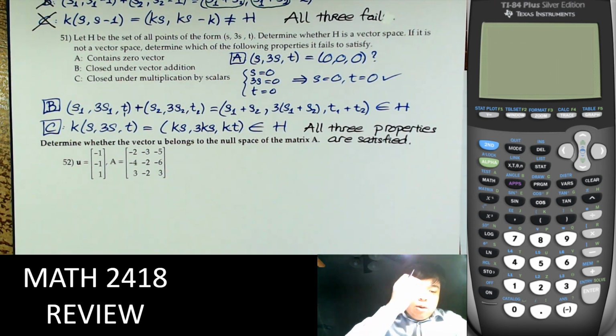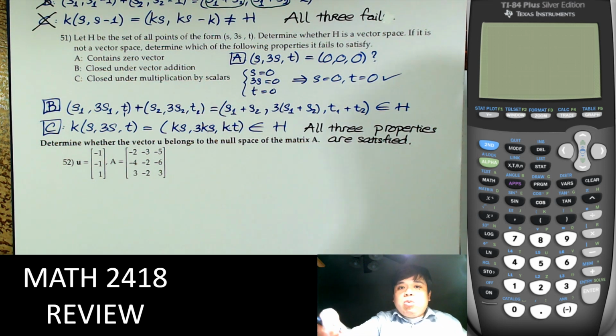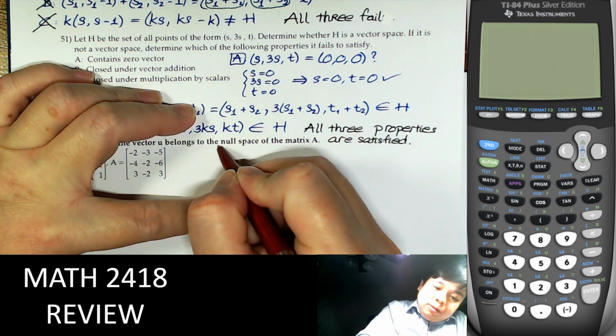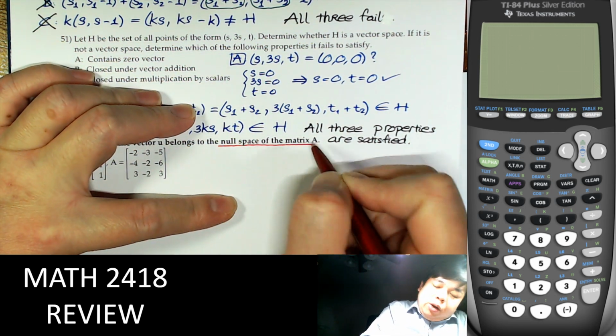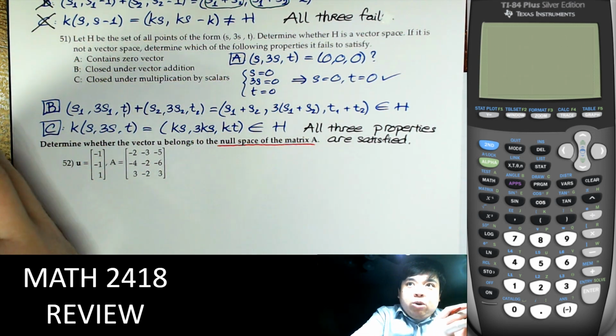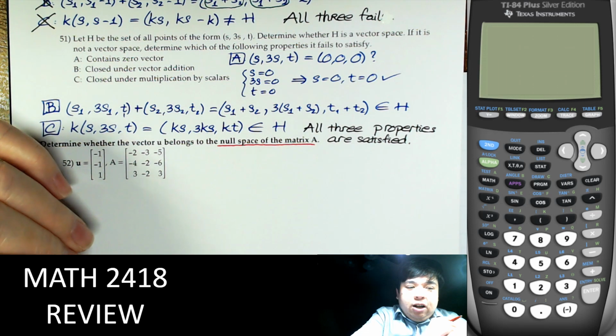Next, determine whether the following vector U belongs to the null space of A. Well, the null space of A. Let's just write some definition. The null space of A is all the vectors that, when you multiply by A, we have a 0.